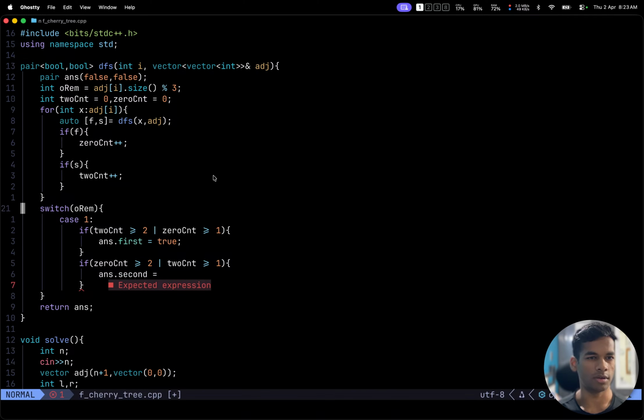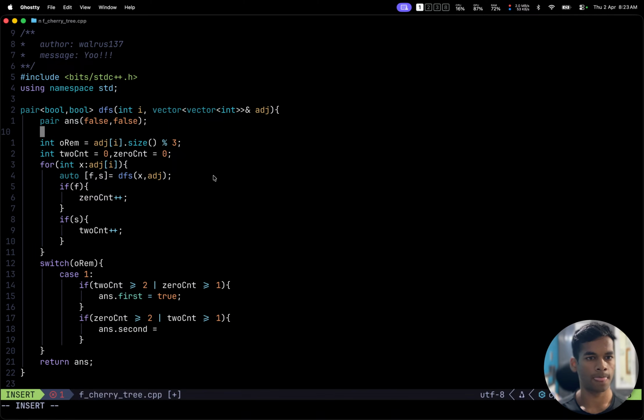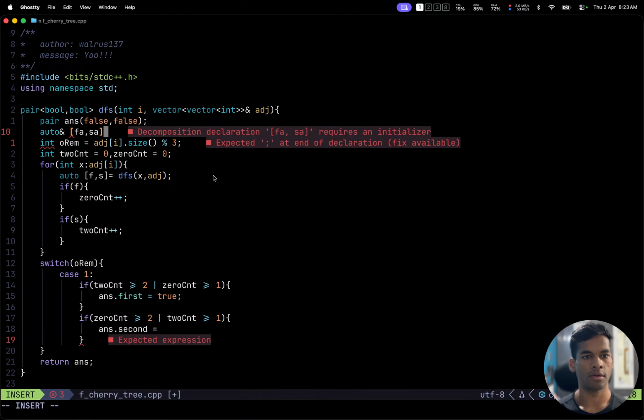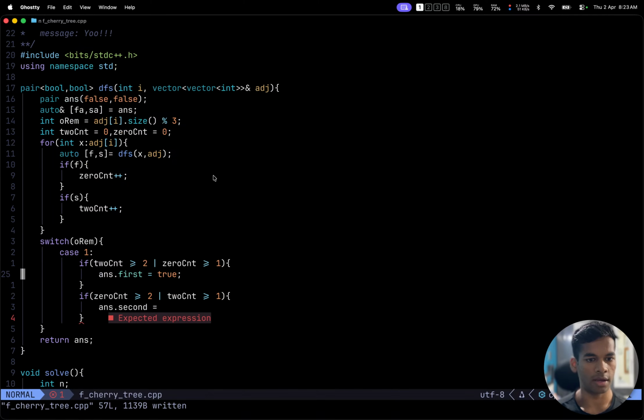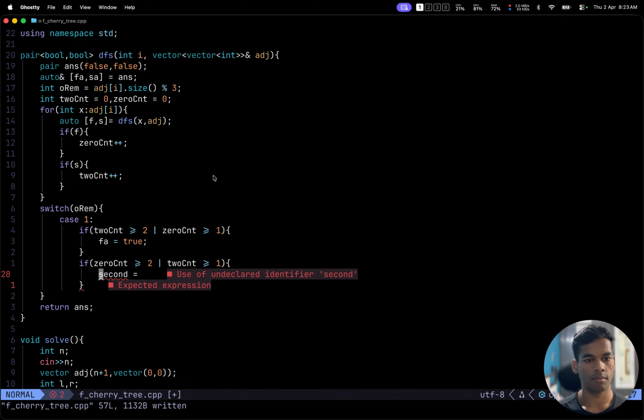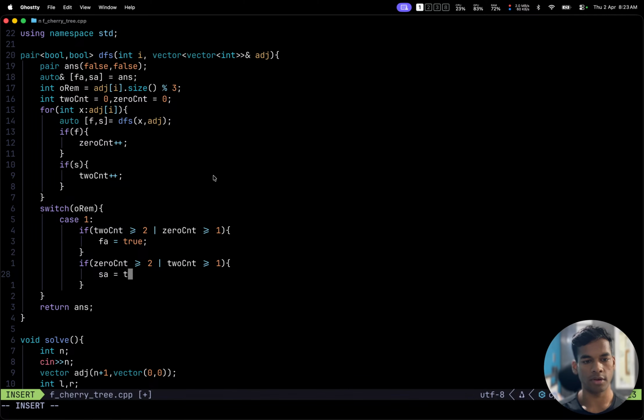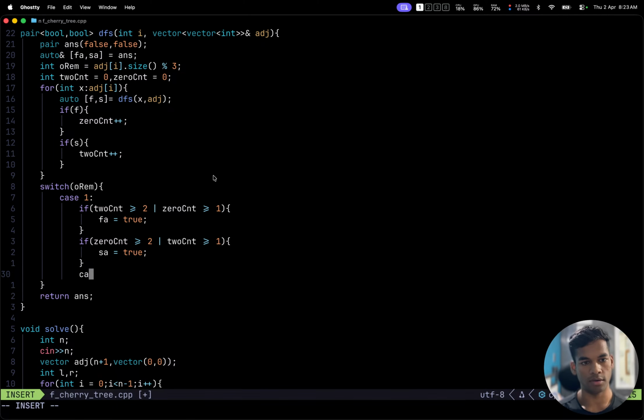Or should we, first answer, second answer equals answer, and here second answer equals true in case 1.